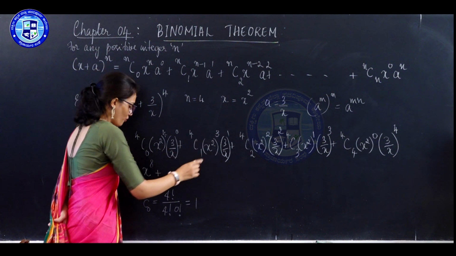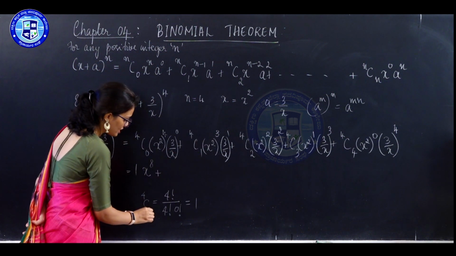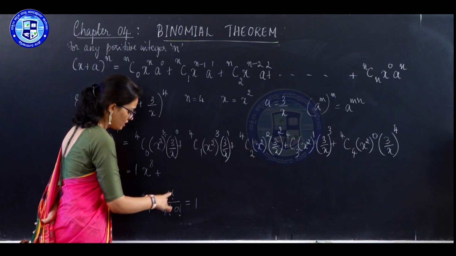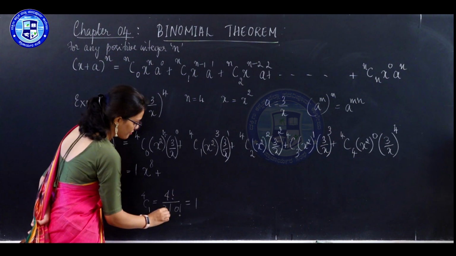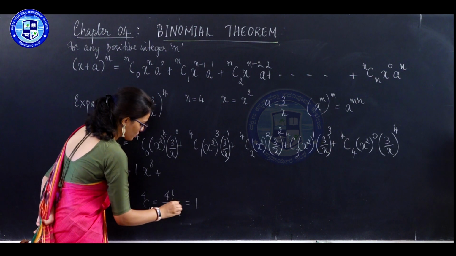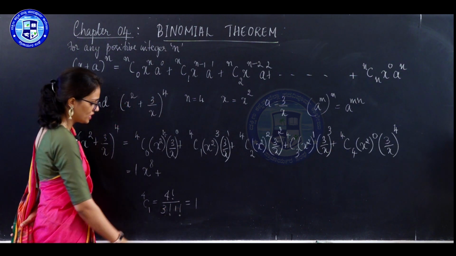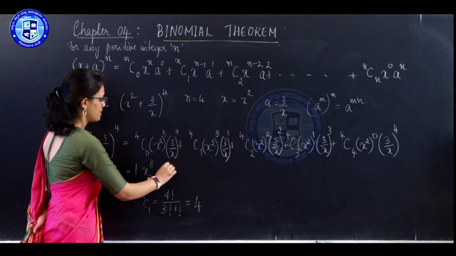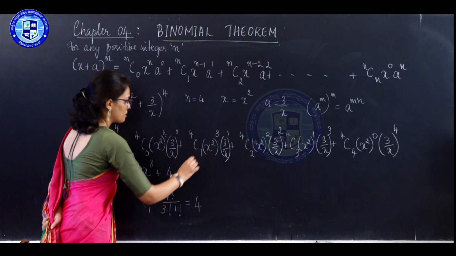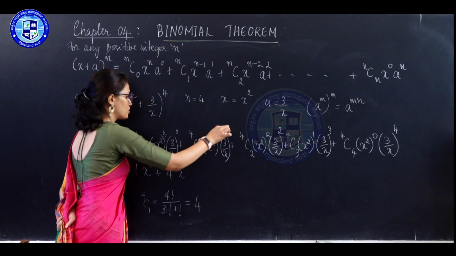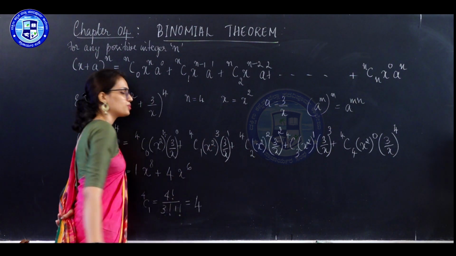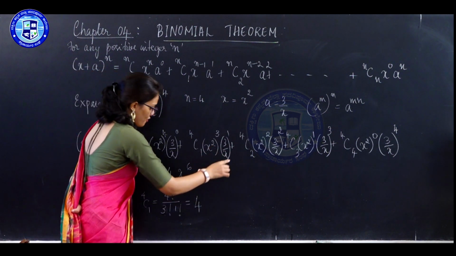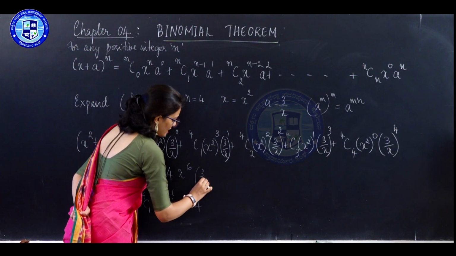Let us calculate 4C1. So we have 4C1 is equal to 4 factorial, (4 minus 1) is 3 factorial into r factorial, that is 1 factorial. This will be equal to 4. So we have 4, this will be equal to x square to the power 3. So 2 into 3 is 6. For this term we have 3 by x to the power 1.